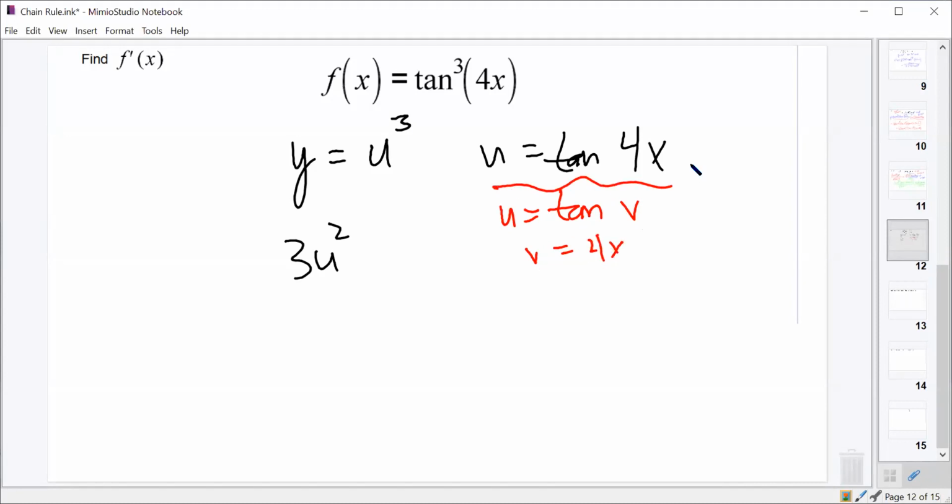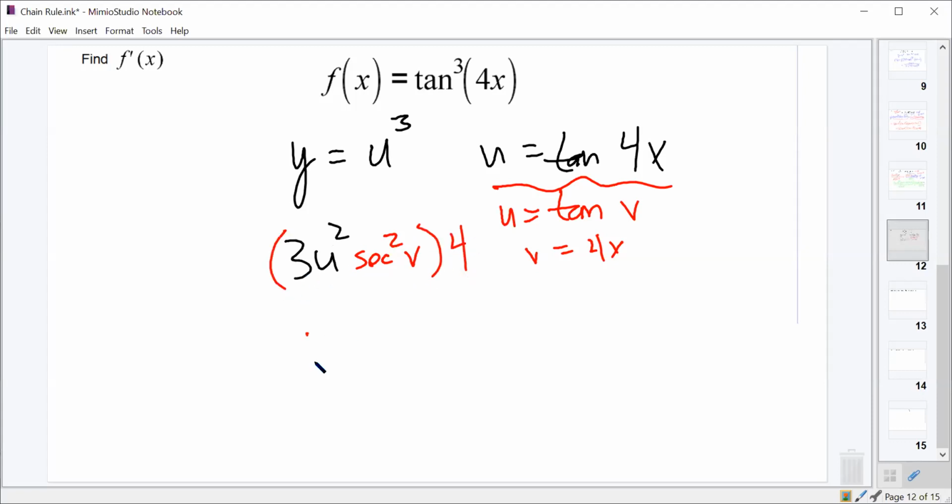Everybody see that? So we're going to use the chain rule within the chain rule there. Everybody good with that? Yes, we're good. Okay. The derivative of tangent v should be secant squared v, and the derivative of v should be 4.